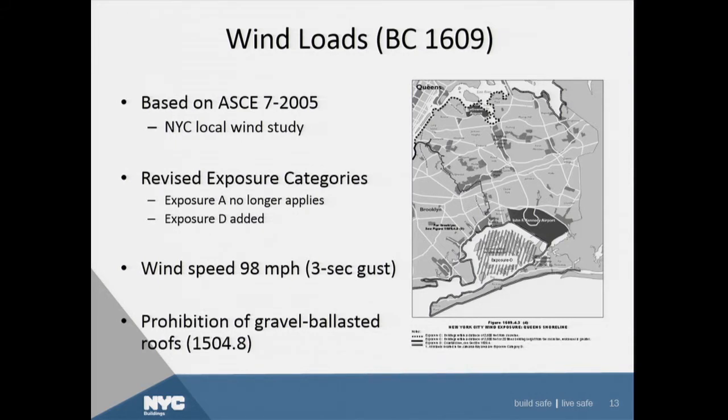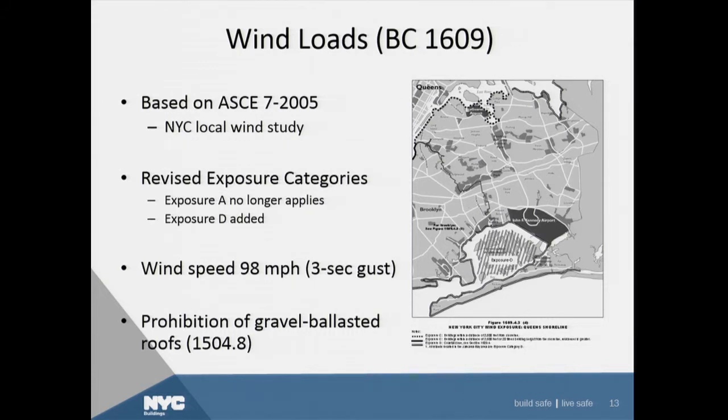The 2009 IBC has a prohibition on gravel ballasted roofs in all hurricane-prone regions, and New York City, as we've unfortunately come to know, is a hurricane-prone region. And the text in Chapter 15 says gravel ballasted roofs, aggregates, stone, etc. are not permitted as a roof covering going forward.